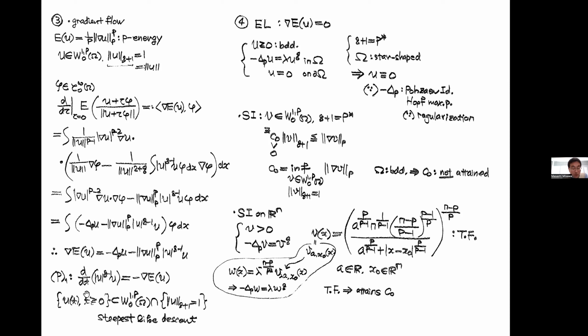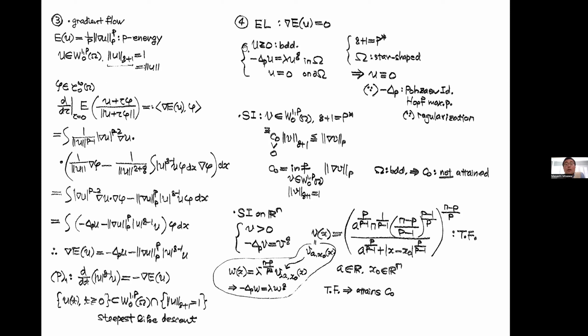But here the time derivative is not in regular form, so it is not exactly a gradient flow, but a gradient flow-like equation. So this is the variational structure for our equation.